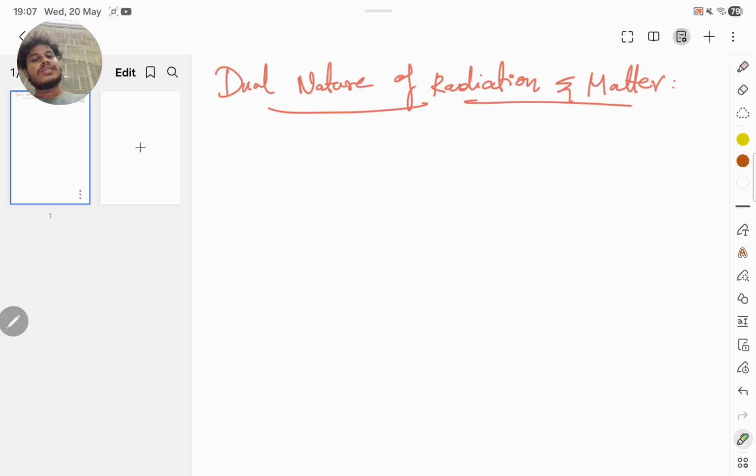I can say radiation, like UV rays, light rays, different colors of light rays and everything. Consider all this as a light source. And matter is something like a particle, like a proton, neutron, or electron.